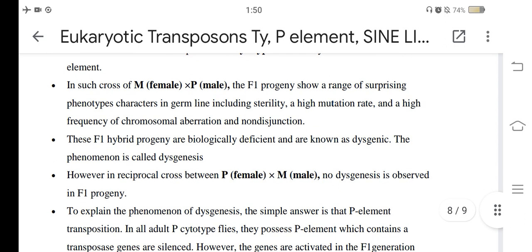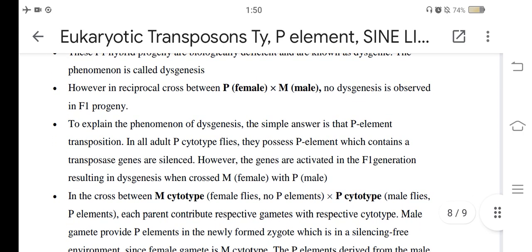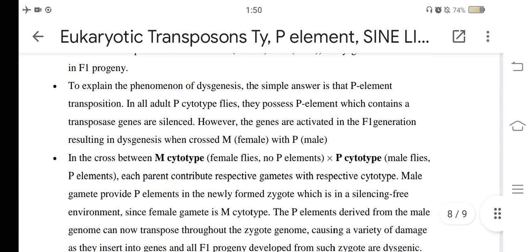In such a cross, M female by P male, the F1 progeny show a range of surprising phenotypic characteristics in the germline, including sterility, high mutation rate, and high frequency of chromosomal aberration and nondisjunction. The F1 hybrid progeny are biologically deficient and known as dysgenic. The phenomenon is called dysgenesis. However, in the reciprocal cross between P female and M male, no dysgenesis is observed in the F1 progeny.